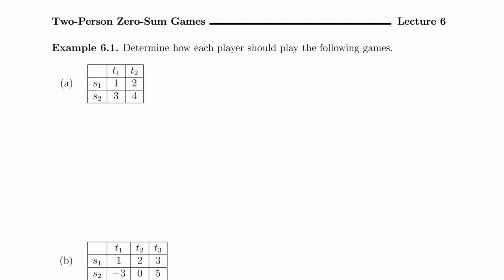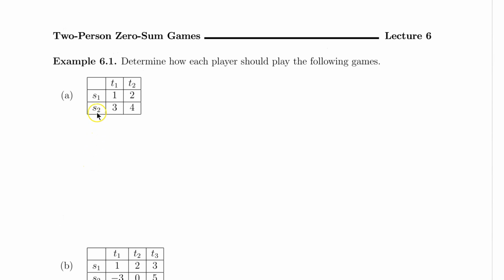So let's take a look at the first example that we have here. Alice is going to be the first player here, and she's going to be choosing the row, and Bob is going to be the second player, and he's going to be choosing the column. Maybe I should make Alice pink and Bob blue. So now let's put ourselves in Alice's shoes for a moment.